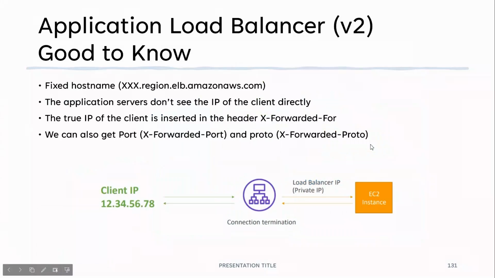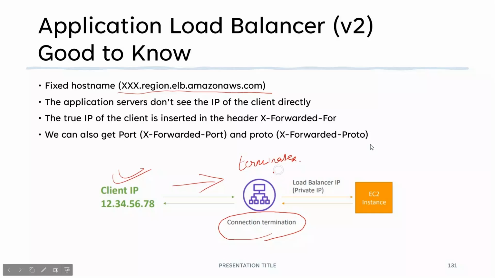Now application load balancer, some good to know things: it has a fixed host name. So for example, you will get a fixed DNS host name. You are going to see how you get it. And then the application servers don't see the IP of the client directly. It means that, so this is the client IP where the request is sent, right? So the client IP sends a request to the application load balancer. Here something known as connection termination happens. It means that the application load balancer actually terminates the connection from your client to your application load balancer.